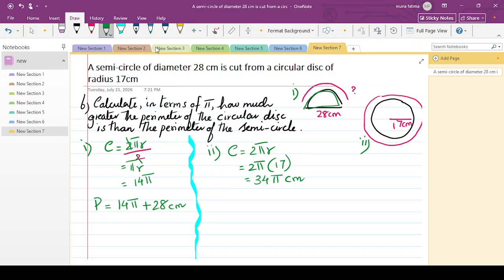Now, to find the answer, all we have to do is find the difference. 34 pi minus (14 pi plus 28). We open the brackets: 34 pi minus 14 pi minus 28, and this results in 20 pi minus 28 centimeters.